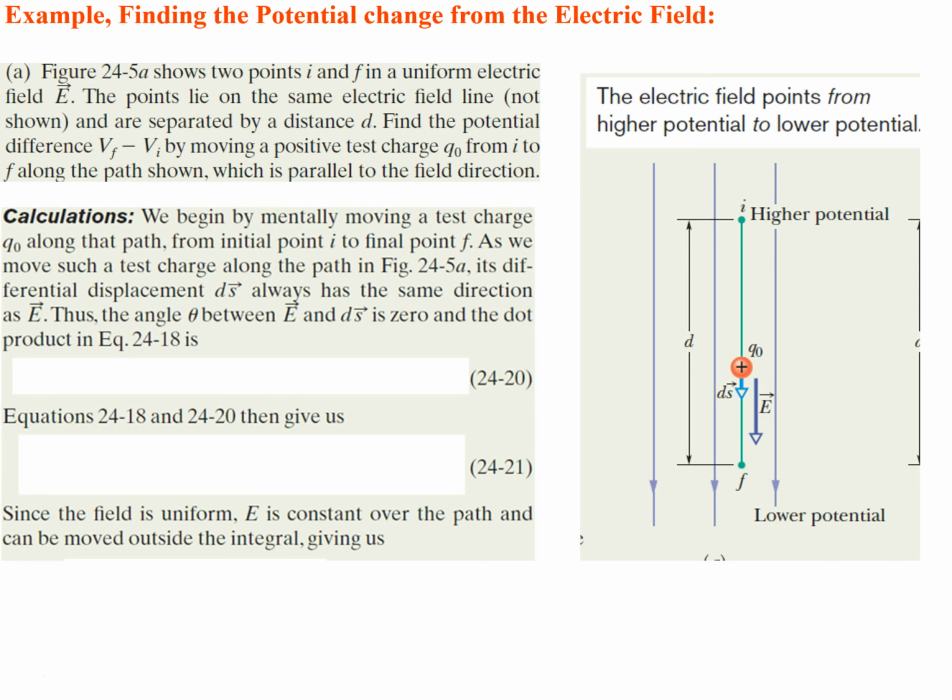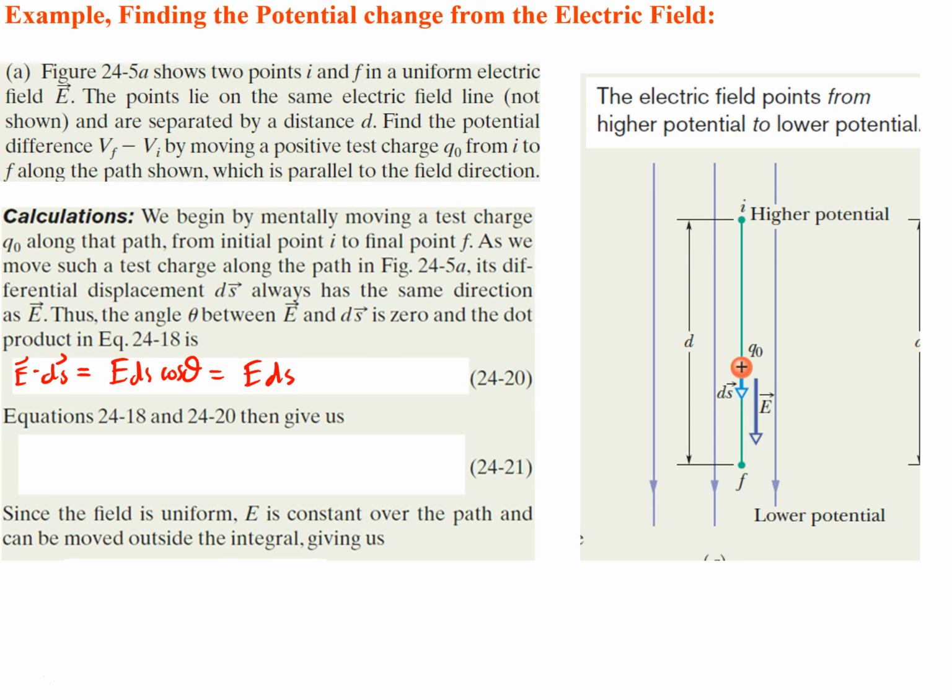Thus, the angle between E and ds is going to be 0, and the dot product E dot ds is just going to equal E ds cosine theta. Cosine of 0 is 1, so we just have E ds.